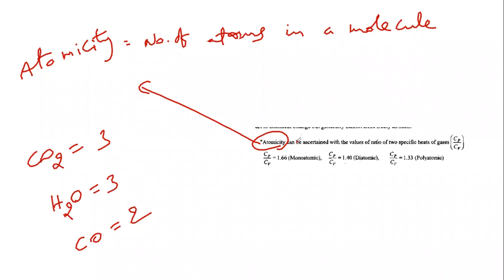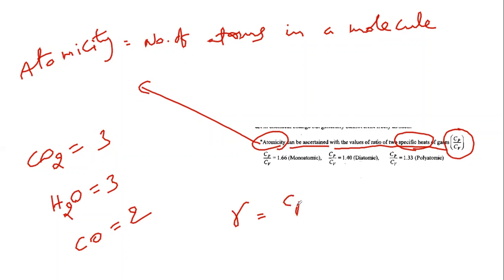Now atomicity can be ascertained with the values of the ratio of two specific heats of gases. Cp is the specific heat at constant pressure, and Cv is the specific heat at constant volume. This ratio Cp by Cv is called gamma, which is Poisson's ratio, named after the scientist Poisson.